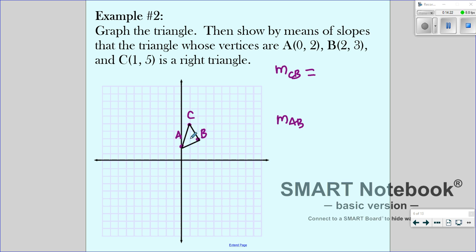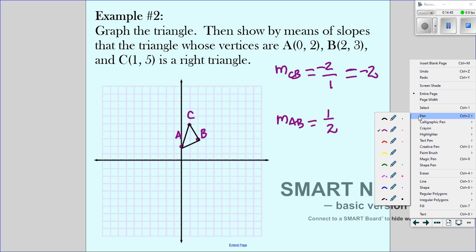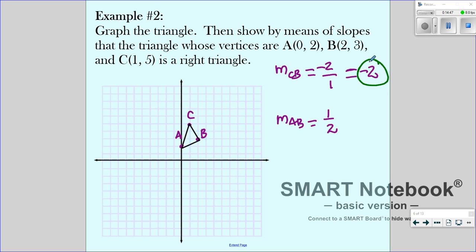So let's look at the slope of CB. 2 down, -2, and then 1 to the right, so that gives me a -2. And then let's look at AB. That's 1 up, and then 2 over. That's a half. Let me circle it so we know what we're looking at. This one says 2, this one says a half.